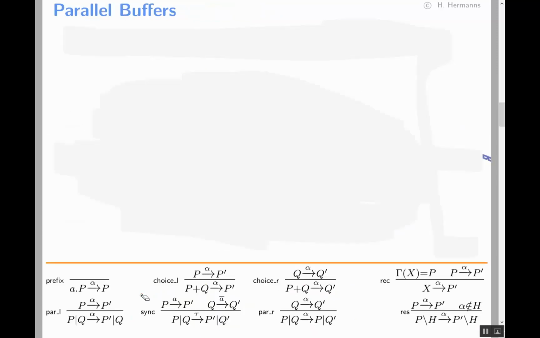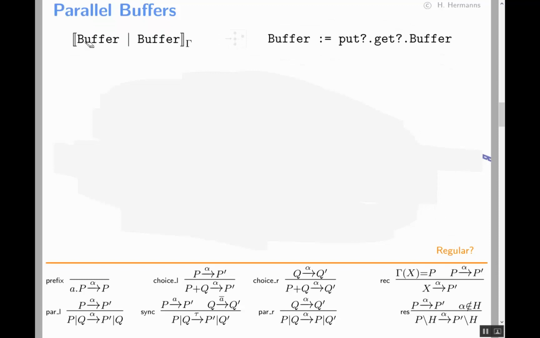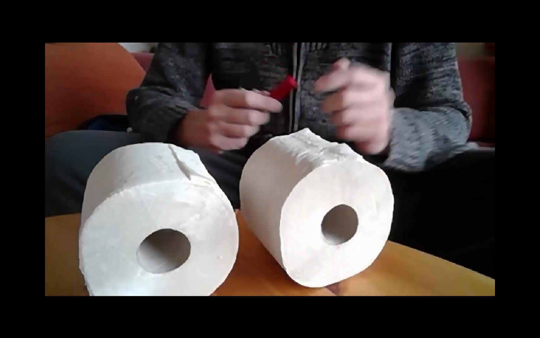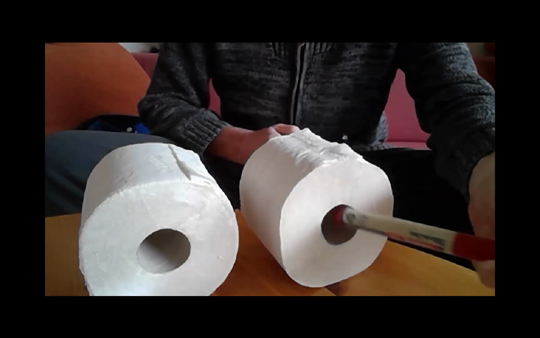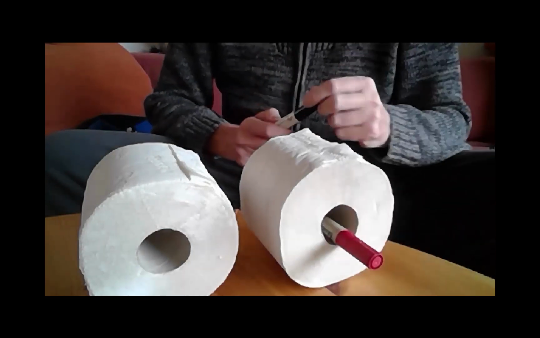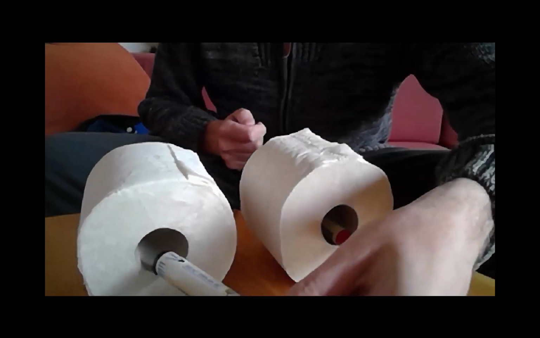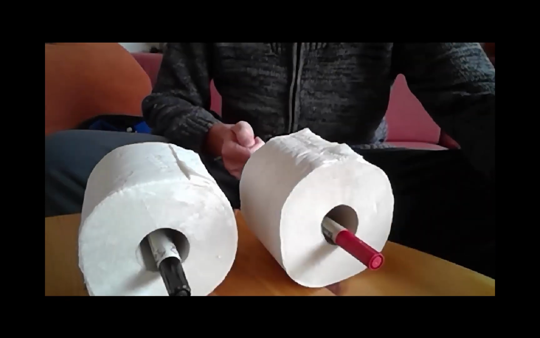And now we are going to consider two parallel buffers. Now, what does this mean? We take the original simple buffer, this one, and we put two of them in parallel. Let's first have a look at the intuition. Here we have two buffers, and we can put something into one, or into the other. The order doesn't matter.